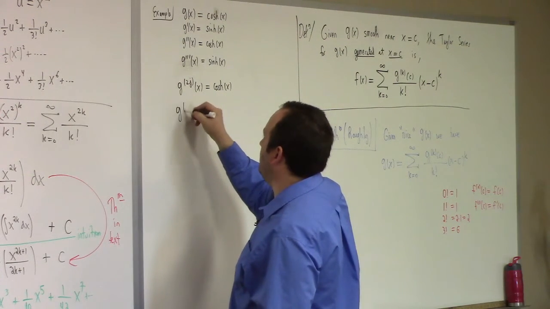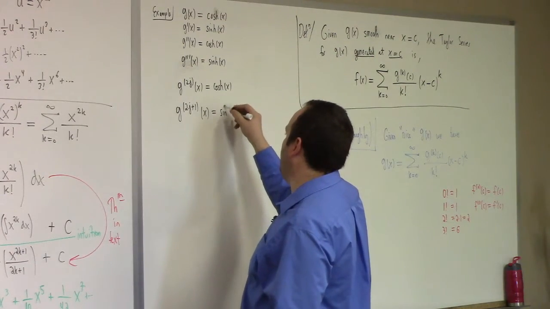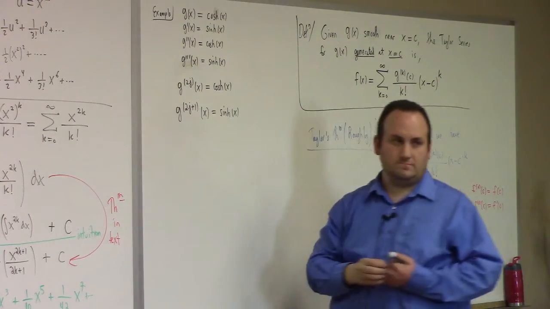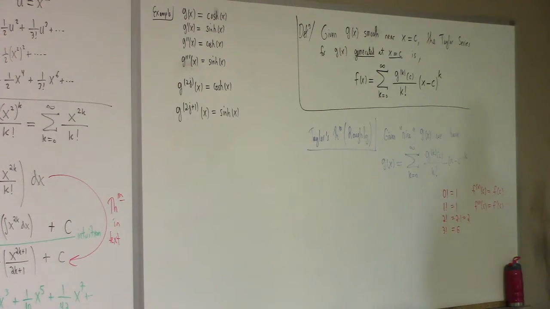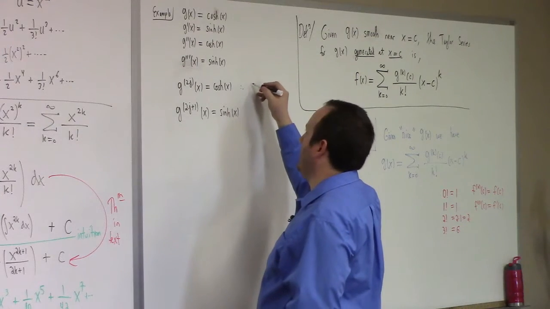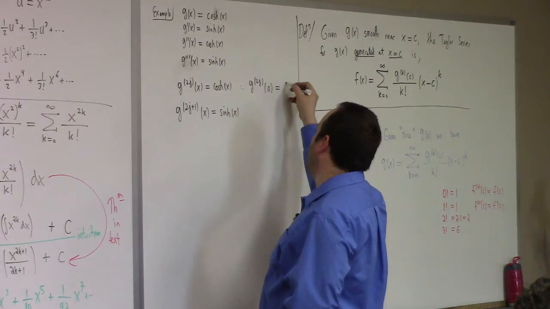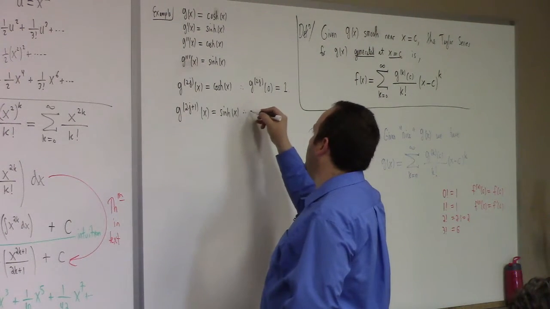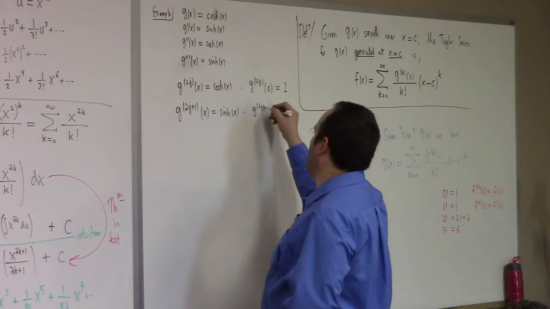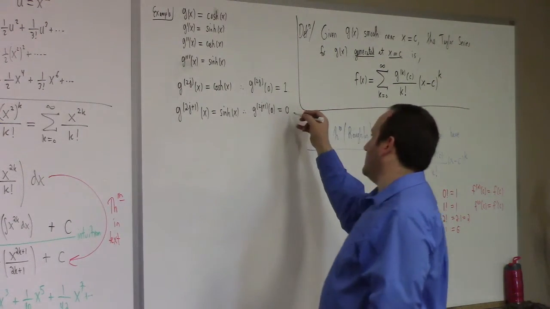But odd ones come out to sinh. Agree? So what does this tell us? The even derivatives of g evaluated at 0 give me 1, and the odd derivatives evaluated at 0 give me 0.